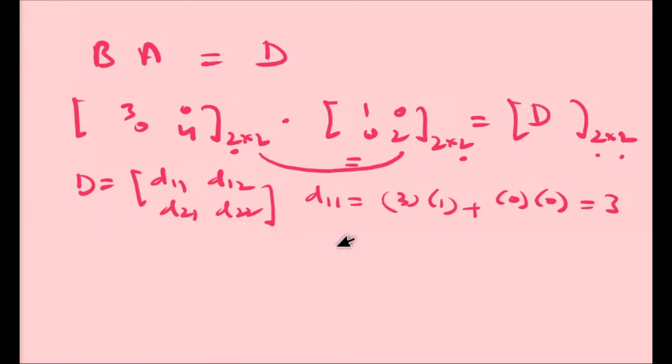Okay, D12 is first row 3, 0 and second column 0, 2. Zero, 2.